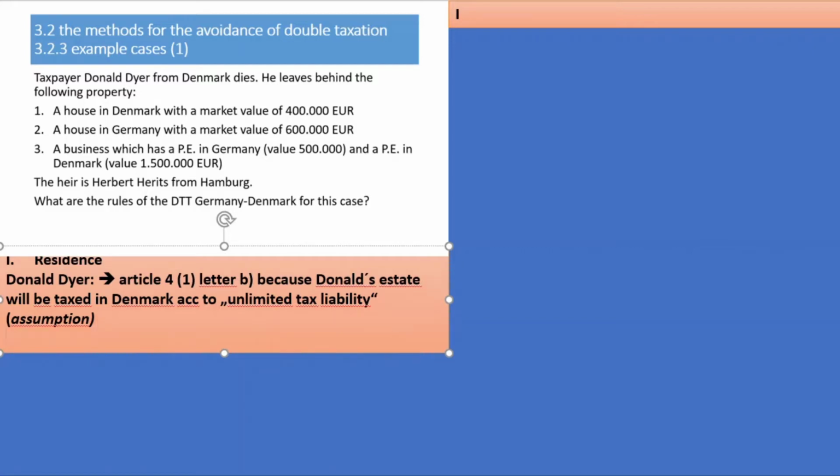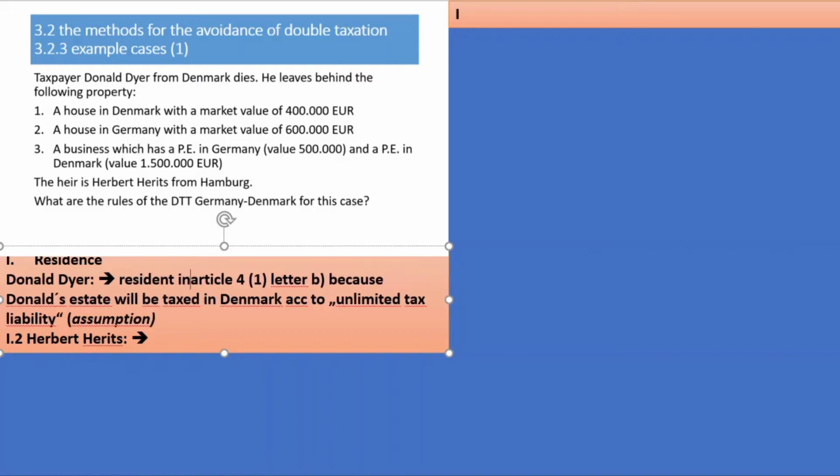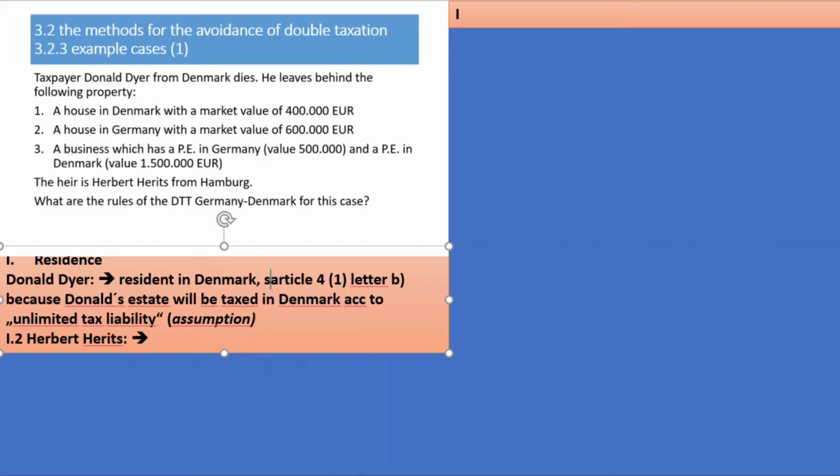Now the second person involved is Herbert Harritz. We should clearly say Herbert Harritz is resident in Germany.